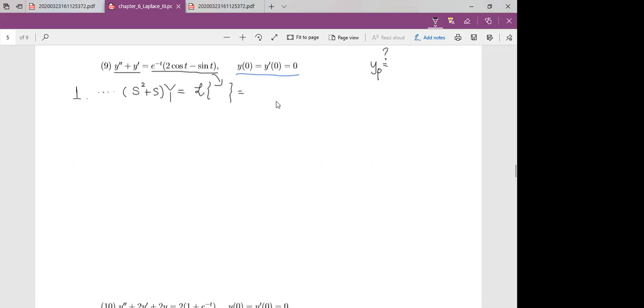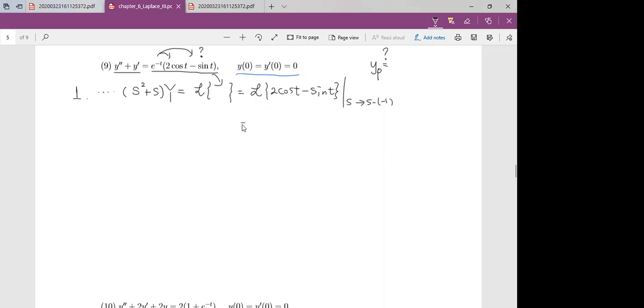And you use the first translation theorem. So you can think of distributing one by one, but you can keep it as it is. The first translation theorem says the transform of a function together with an extra exponential function is a translated version where you replace every s by s minus 1, right?